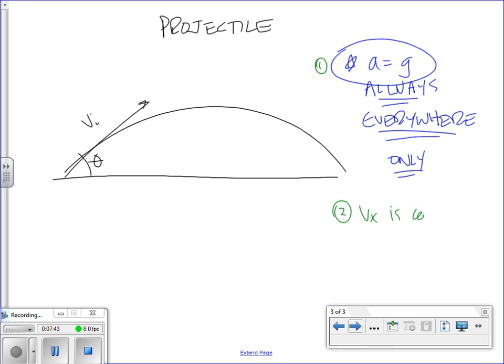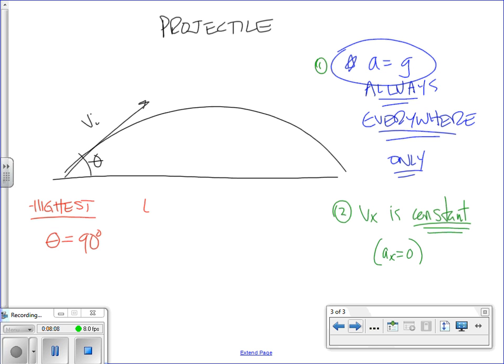Here's two. Vx is constant. It has a constant horizontal velocity, which says that there's no horizontal acceleration because there's no horizontal force. All right? Three things they'll ask you about. To make it go the highest it possibly can, make theta 90 degrees. Duh, shoot it straight up.